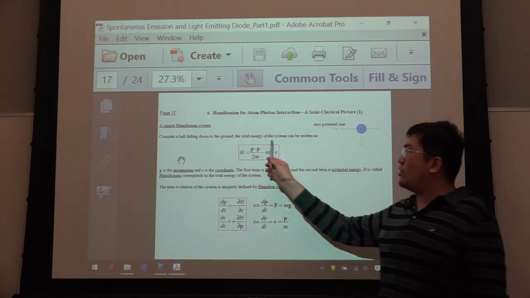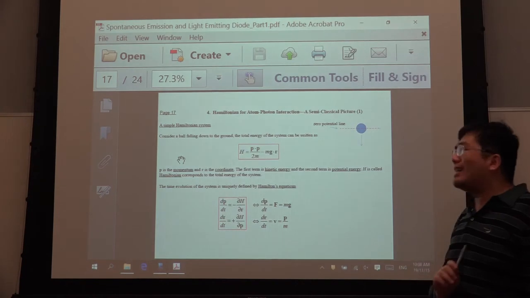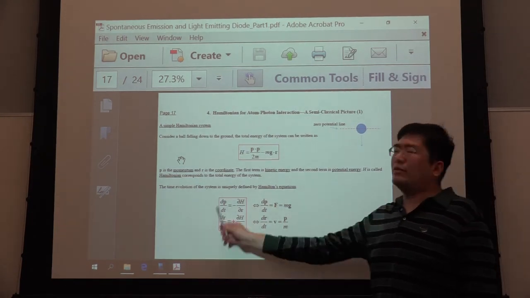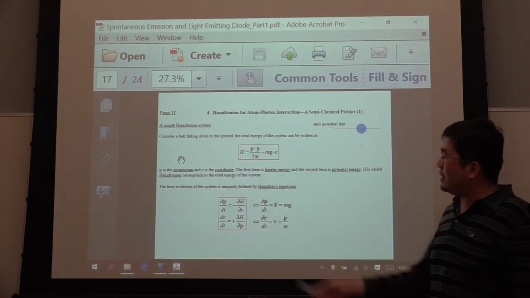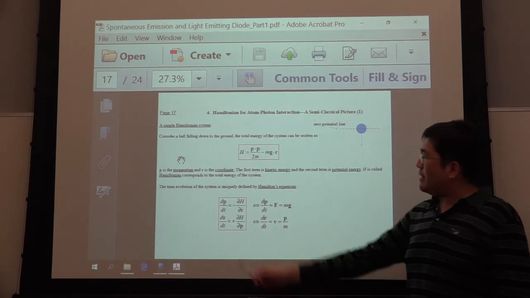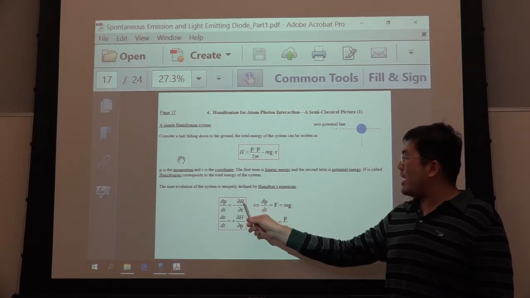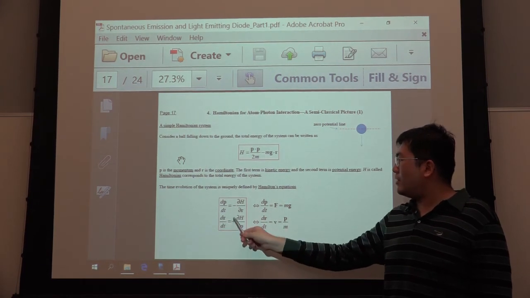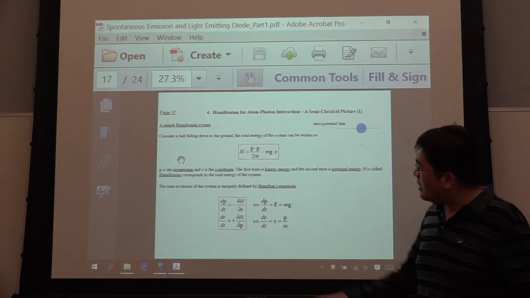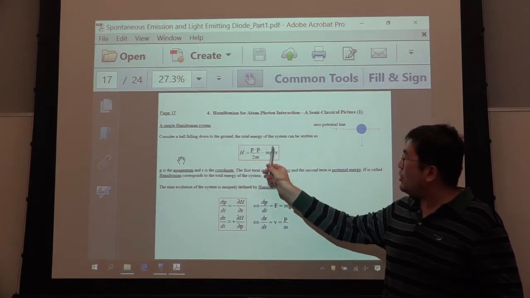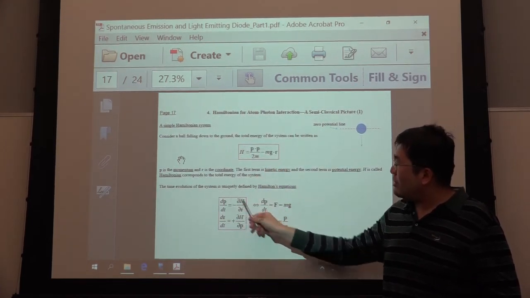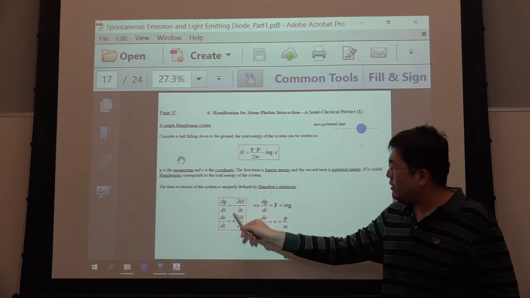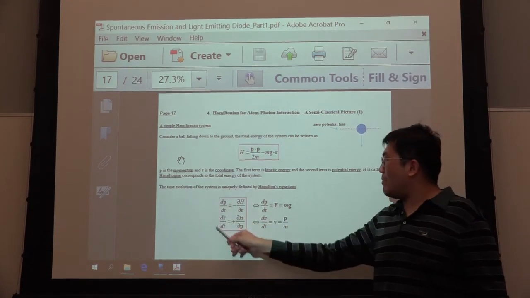We can construct this Hamiltonian, and if we do, we can get the governing equation very easily. It just follows this relation: dp/dt equals minus partial H over partial r, but dr/dt equals positive partial H over partial p. You can see here that p and r are two independent variables. This is just called the Hamiltonian equation.